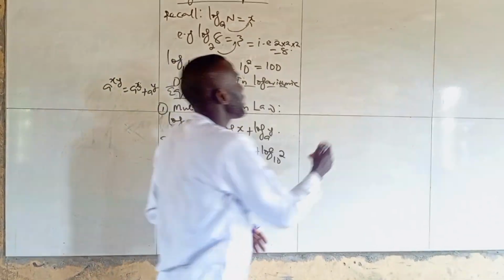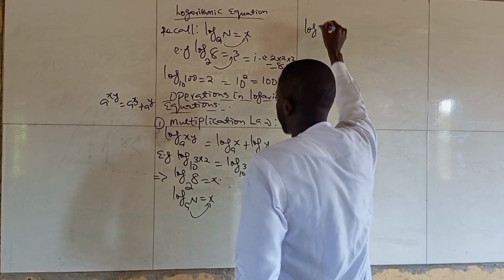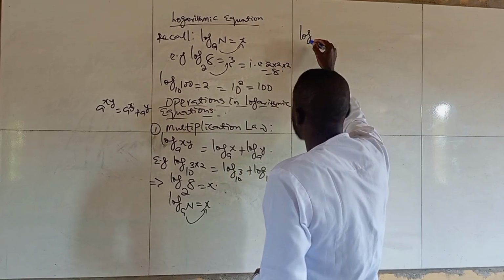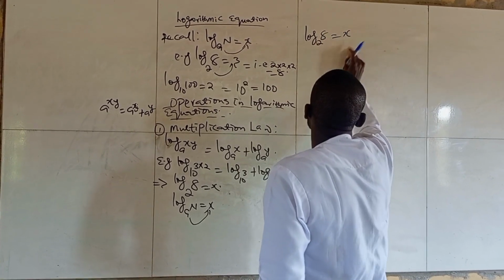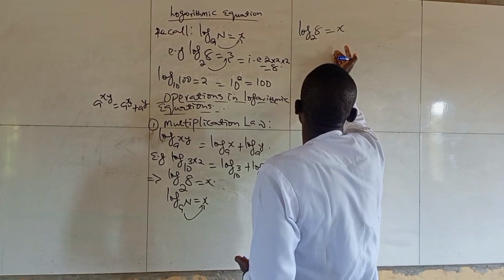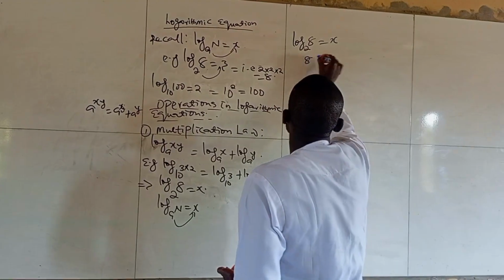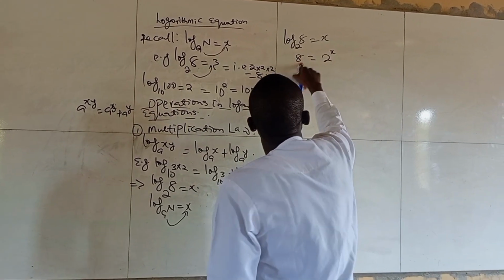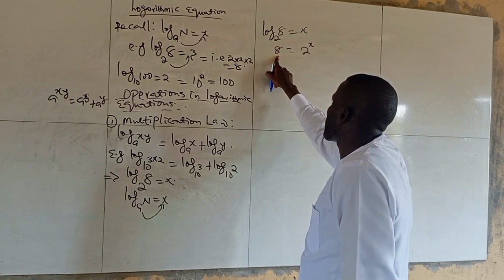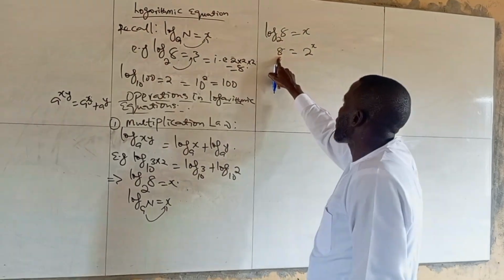So now let's simplify this. If you are given logarithm to base 2 of 8 that is equal to x, what are we going to have? We have 8 is equal to 2 raised to the power of x. Therefore, what is the equivalent exponential value for 8?